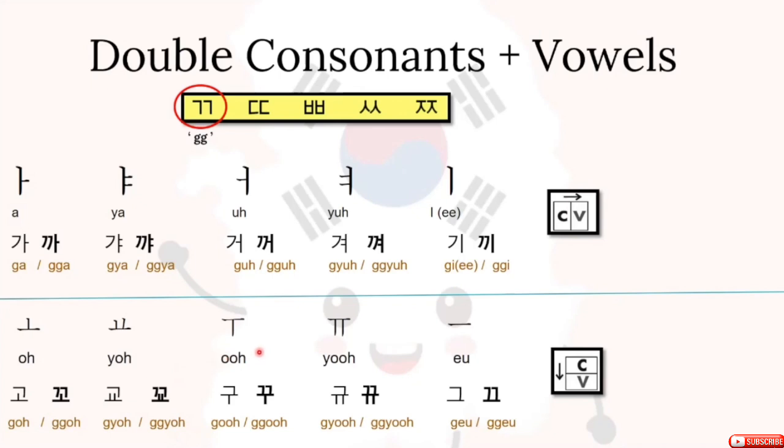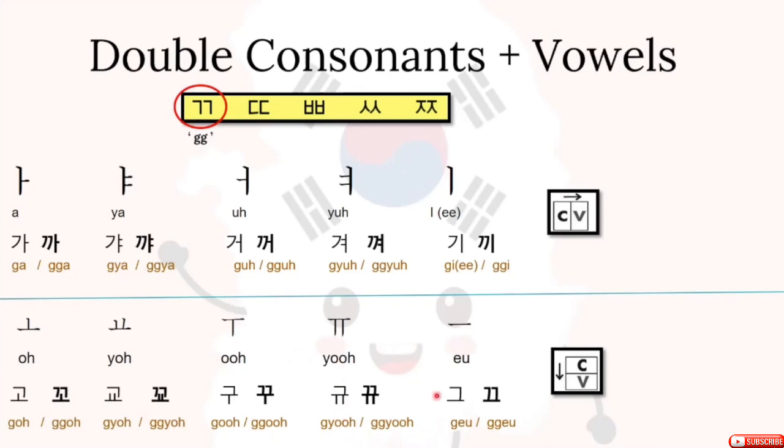Okay, next one. 그 and u becomes 구. And now with the double consonant, 그 and u becomes 구. Okay, next one. The single consonant, 기역, 그, and u becomes 규.